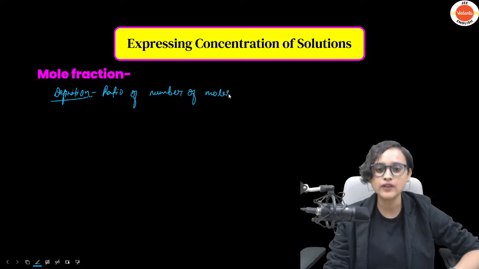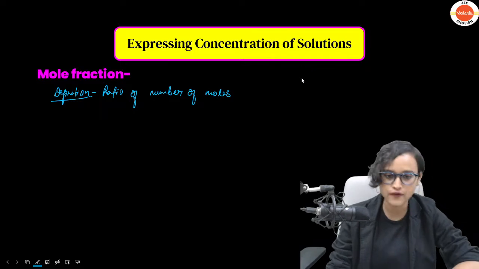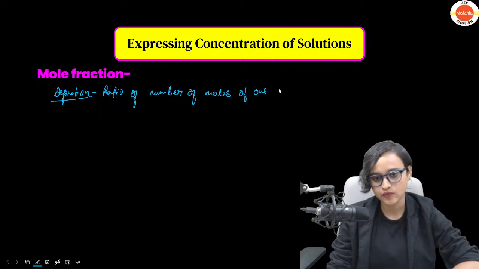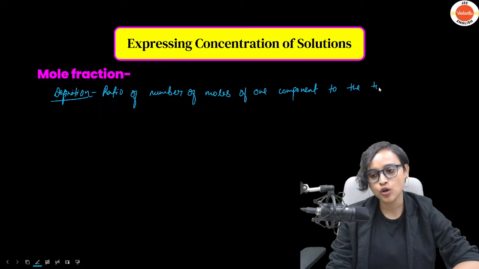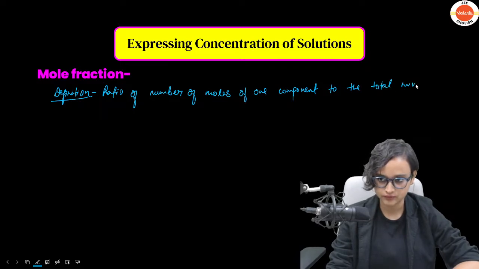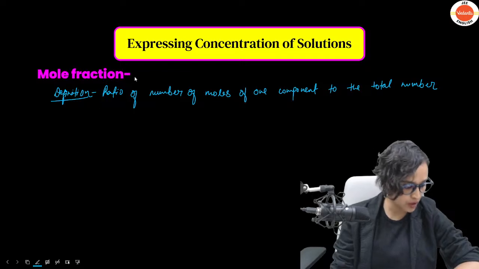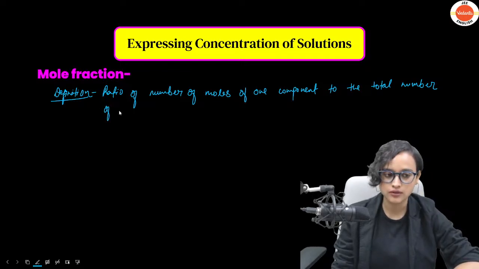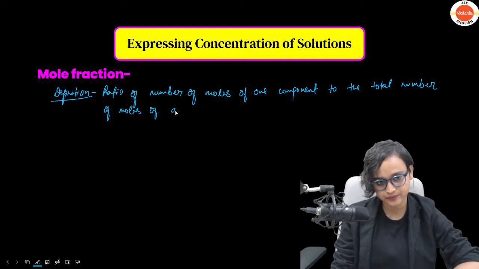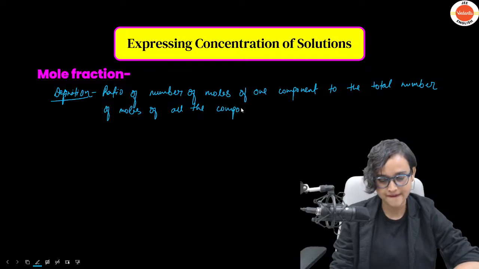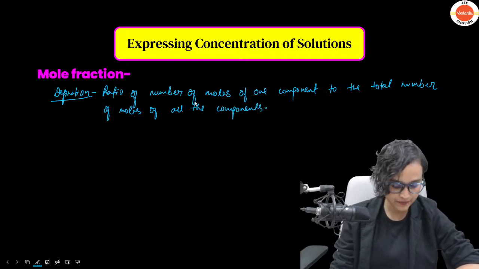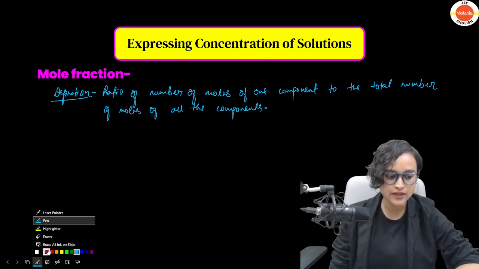So it is the ratio of number of moles of one component to the total number of moles of all components, right? All right, guys, that is the definition. Now obviously we are not going to stop here.